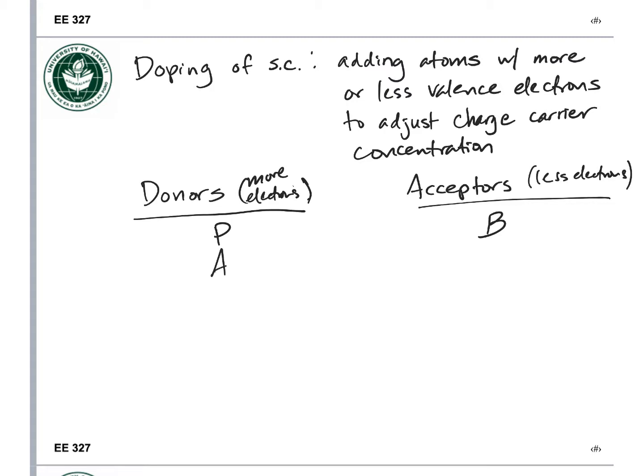An n-type dopant that has more electrons, arsenic is one, aluminum is another, p-type. So we can put these different atoms into silicon in order to adjust the concentration of electrons or holes.